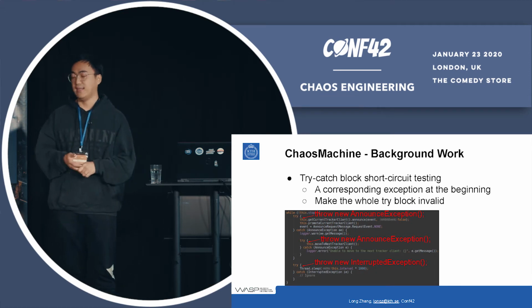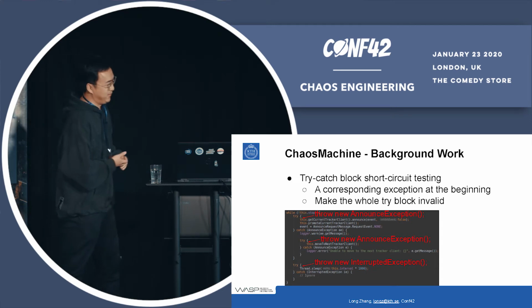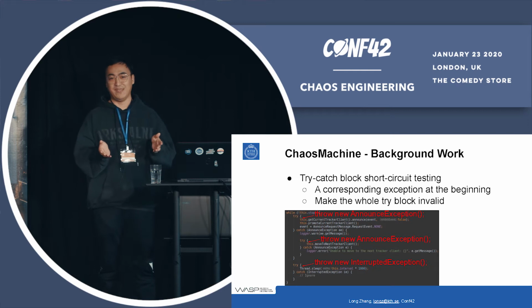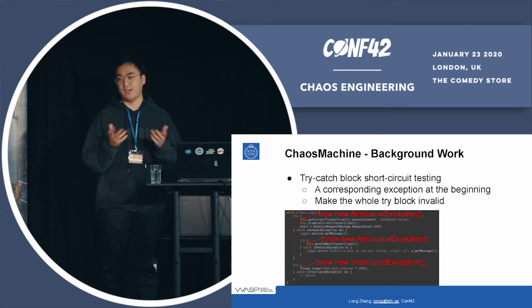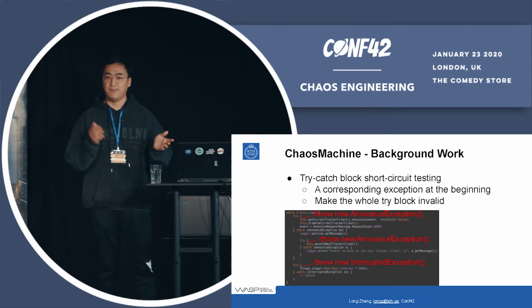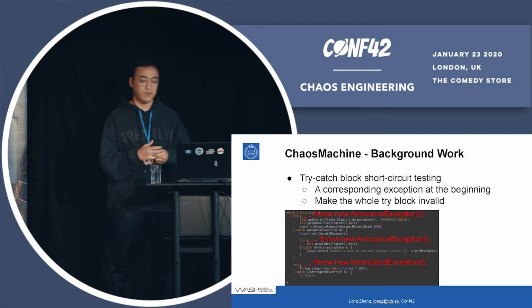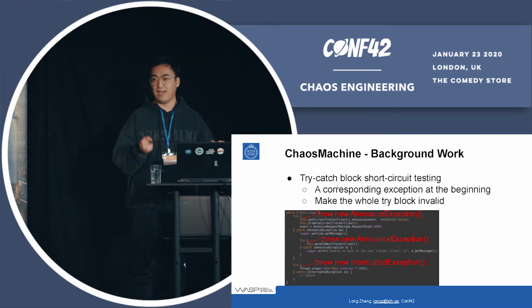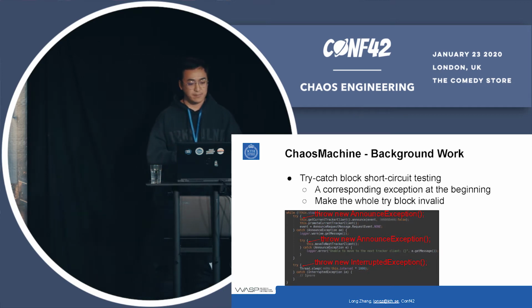But at least for me, I often write bad catch blocks. So even if I catch this exception, it doesn't provide enough recovery, or it's not resilient enough for my system to recover from this exception.